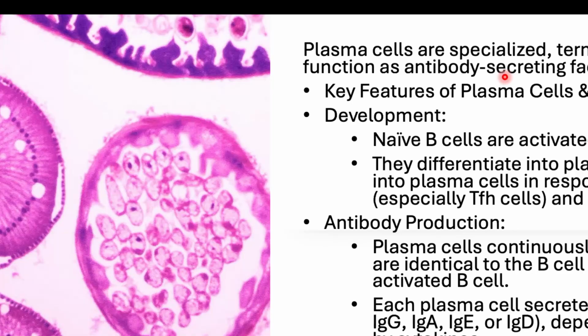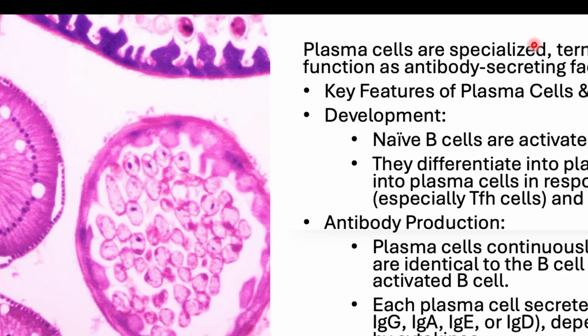So we have a naive B cell getting stimulus from the antigen as well as from T helper cells, stimulated into a plasma cell which is now terminally differentiated. Naive B cells have antibody studded into the cell membrane, while a plasma cell has antibody which can be secreted out of the cell.